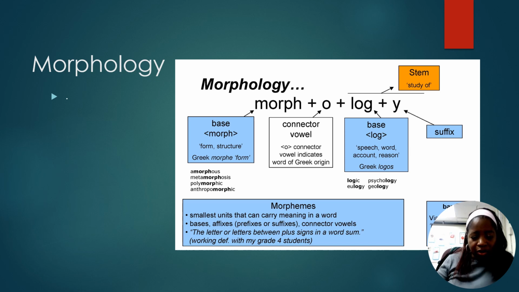Let's look at what we have to say with this particular word in our example, in our picture here. So morphology is the word, but the base is actually morph. The connector vowel is the O, and the base logy is also available.